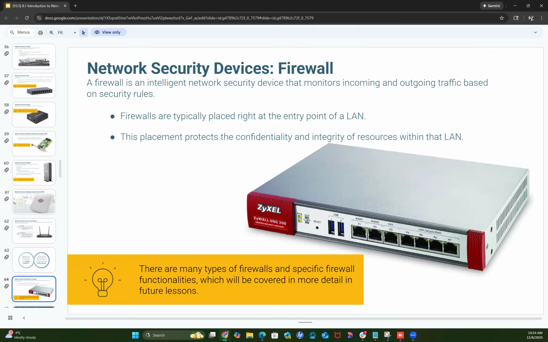This placement protects the confidentiality and integrity of the resources in this LAN. There are many types of firewalls and specific firewall functions, which will be covered in more detail in the future. Many firewalls we work with.